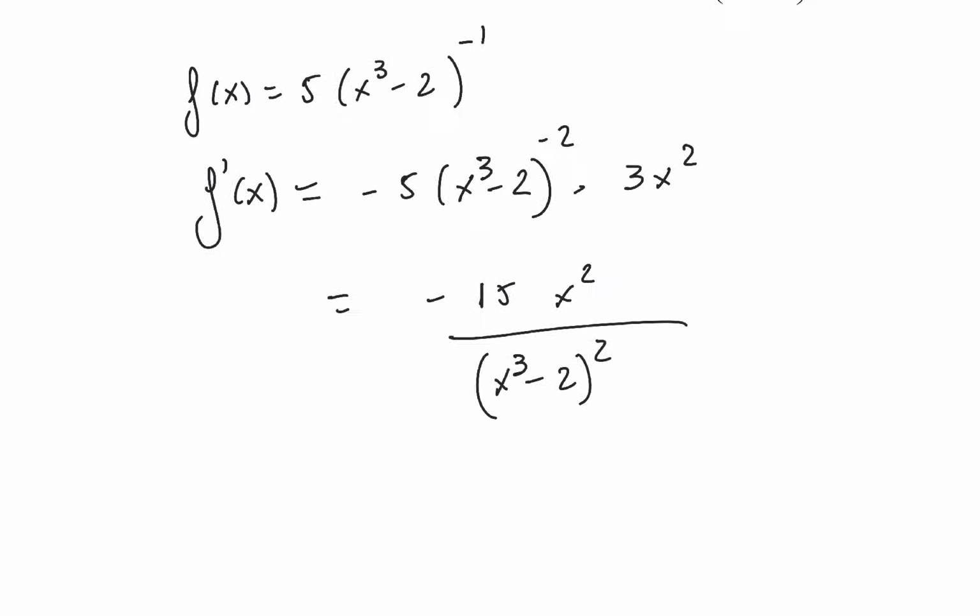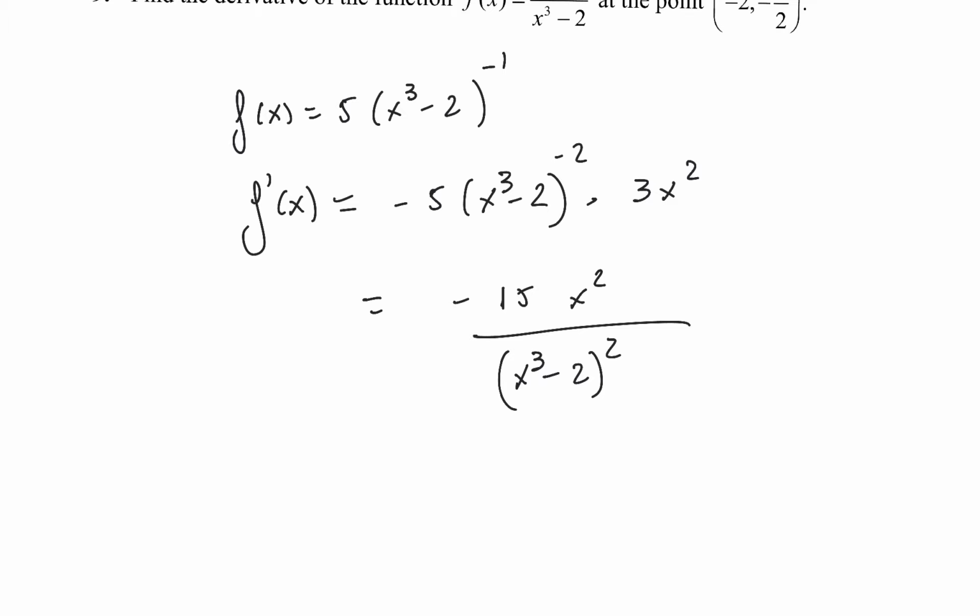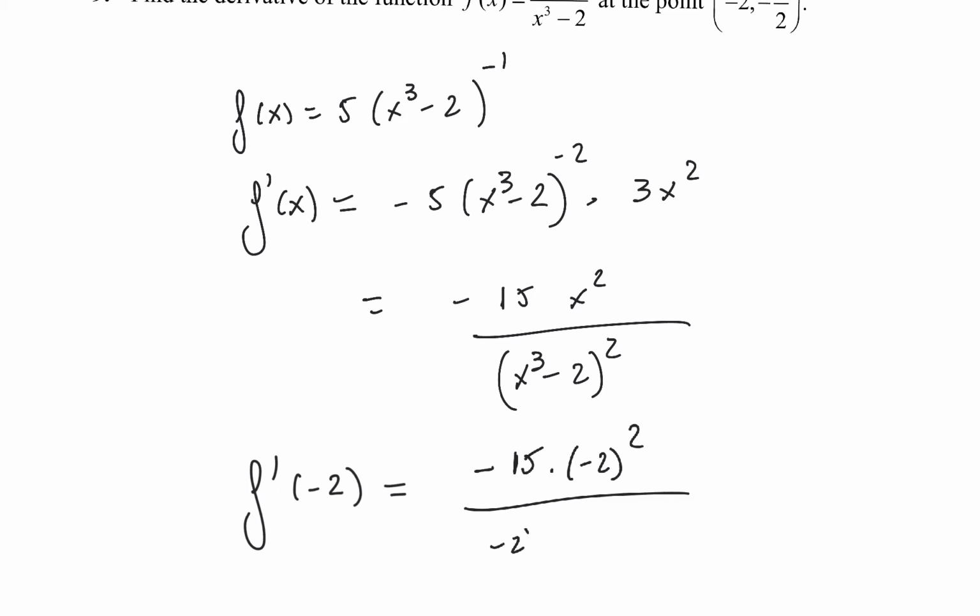And at the point x equal minus 2, f prime evaluated at the point minus 2, so the slope that exists at the point minus 2 of this function, the slope is minus 15 times minus 2 squared divided by minus 2 cubed minus 2 squared. And doing the numbers, minus 2 squared is 4. 15 by 4 is 60, and the sign will be minus.